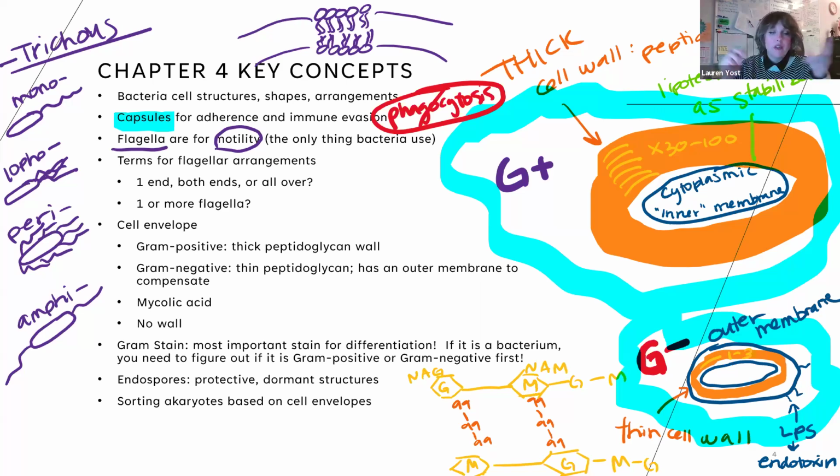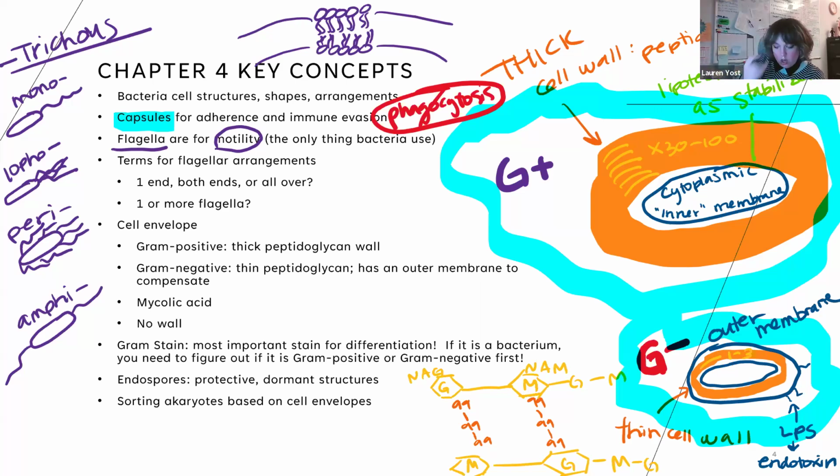Bacteria and eukaryotes have a phospholipid bilayer membrane that contains the cytoplasm and everything in it, okay? Then some bacteria have a wall. Most bacteria will have a wall. That wall could be thick, which is in our gram-positives, or thin in our gram-negatives. Our gram-negatives also have an outer membrane, just for extra stability and control of what goes in and out of the cell. And then we have deviations from these.